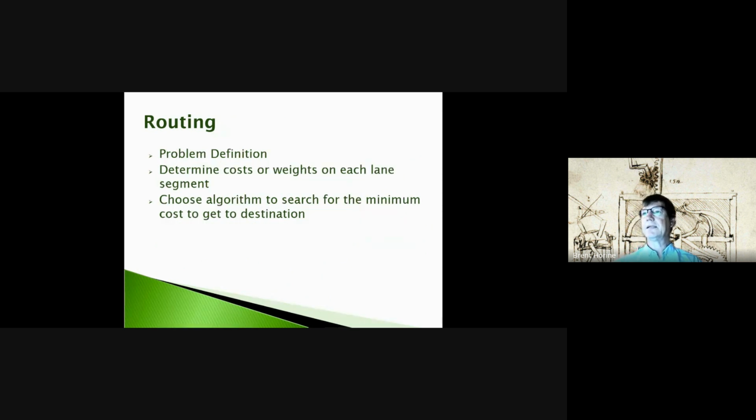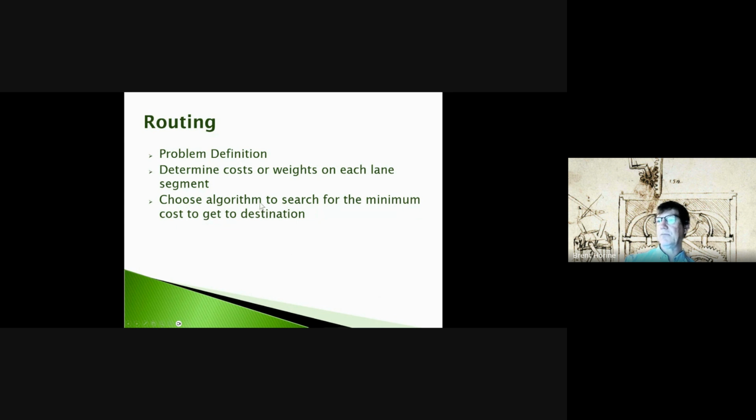So let's look at this, right? First you want to define your problem. What are you trying to route? What is important to you in this type of routing problem? And then you need to determine the cost or weights on each lane segment. And then you want to choose the algorithm to search for the minimum cost to get to the destination.